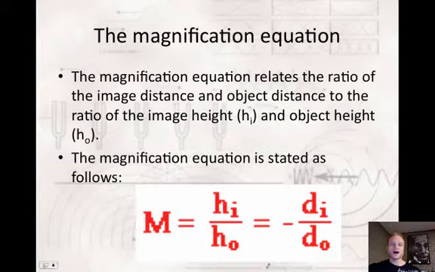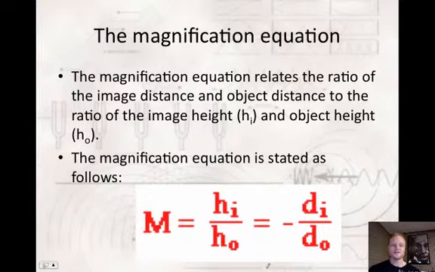The second equation that we'd like to discuss is the magnification equation. Basically, the magnification equation relates the ratio of the image distance and the object distance to the image height and the object height. So the actual object height, how does it relate to the size of the image that's being produced by the mirror?